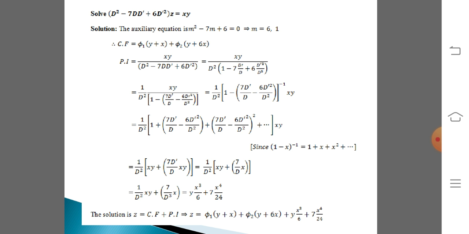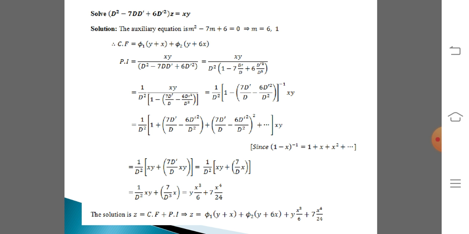So 1 by D square of xy means you have to integrate xy twice with respect to x by keeping y as constant. Okay. So, ultimately we get x cube y by 6 plus 7 x power 4 by 24 as the particular integral.